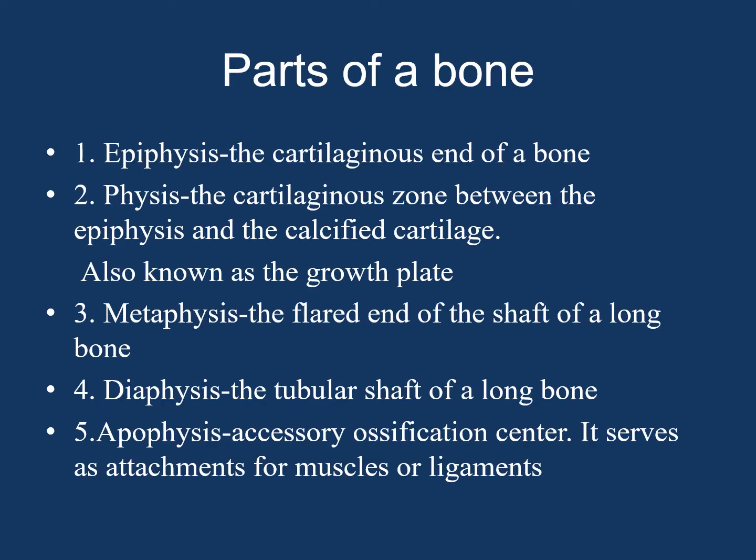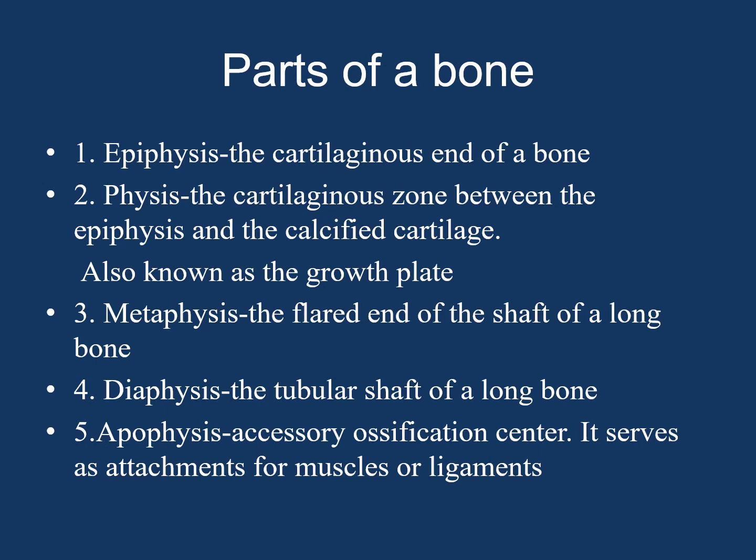Now, let's go to the upper extremities. Parts of a long bone would include the epiphysis, which is the cartilaginous end of a bone, the physis, which is the cartilaginous zone between the epiphysis and the calcified cartilage. It's also known as the growth plate.